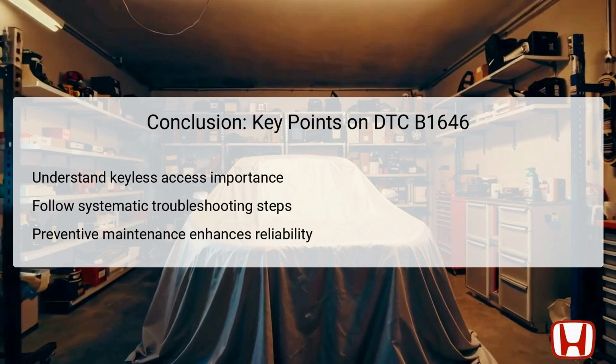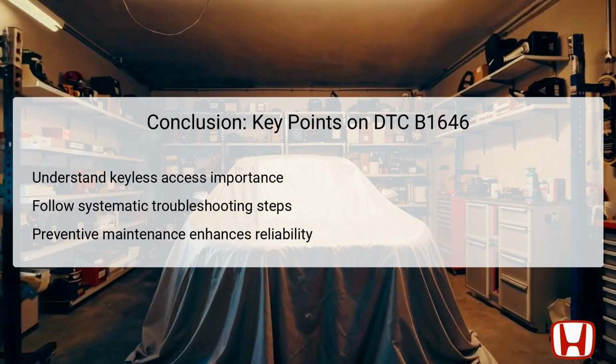In conclusion, DTC B1646 serves as an important diagnostic indicator for issues relating to the keyless access system in the Honda CRV. Understanding the significance of the LF antenna circuit helps ensure that repairs target the root cause of malfunctions effectively.